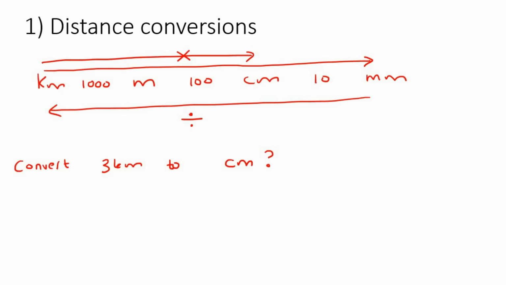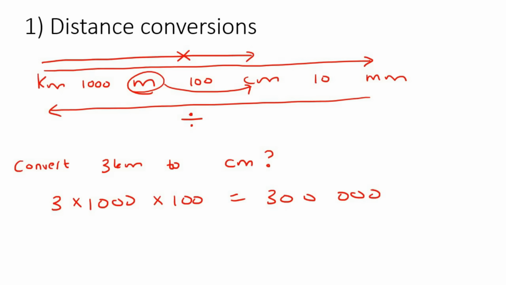So from kilometers to meters, you're going to multiply with 1000. Okay, and that's meters. Then to go from meters to centimeters, you're going to multiply with 100. Okay, and then if you had to go work this all out, it would be 300,000 centimeters. Okay, let's do another one.